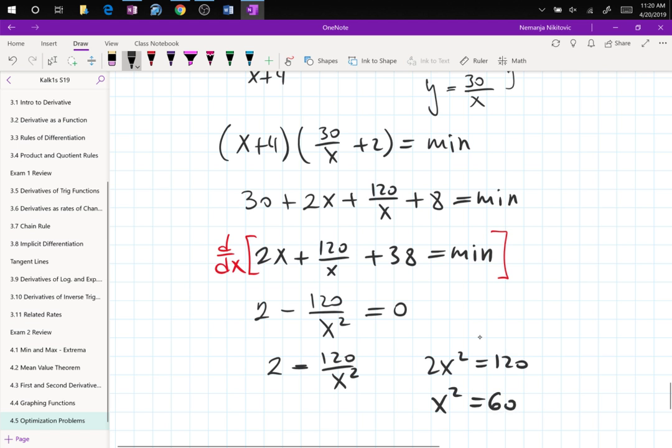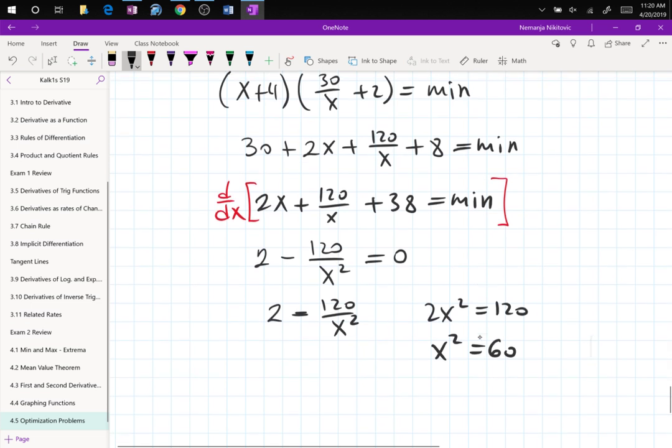If you find the square root of 60, 7.75. It could be positive or negative, but we don't use negative because these are distances, right?